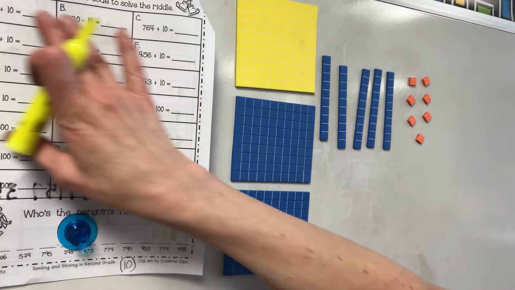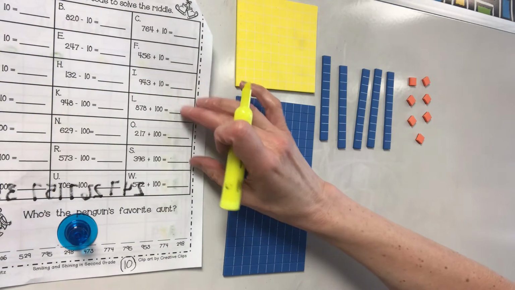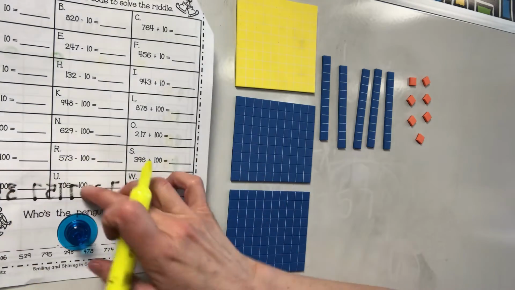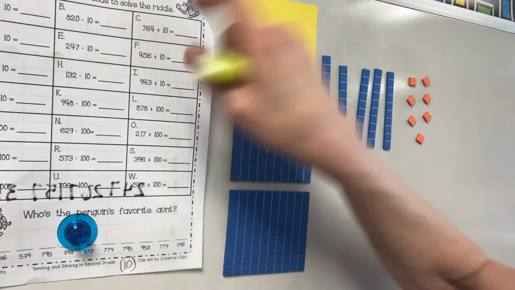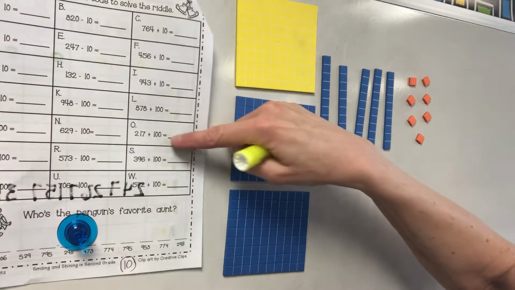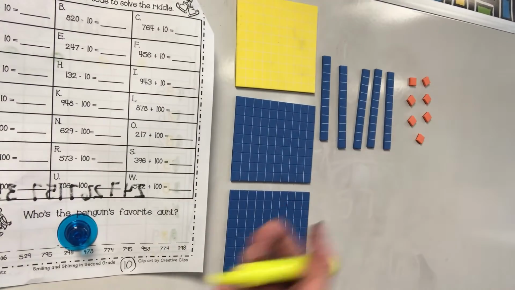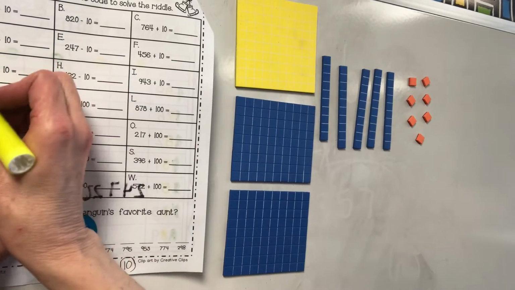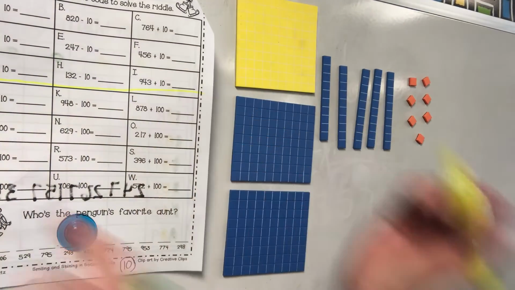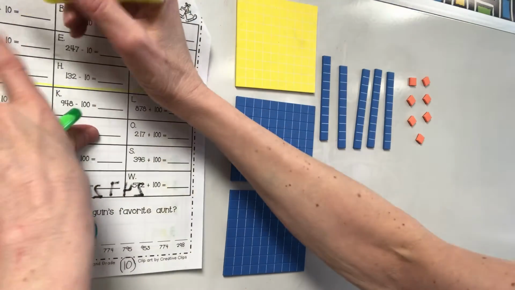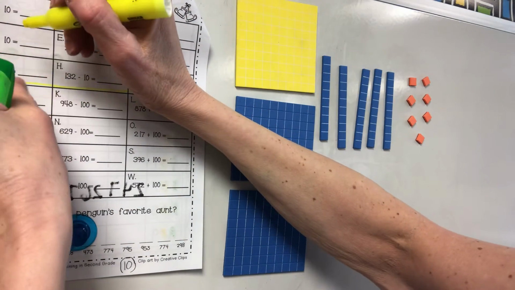There's 3, 6, 9, 12, 15, 18, 21. So there are 21 problems. I would just do this many to start with and then take a break. But that's up to you and your families, okay? I would still use my highlighter.